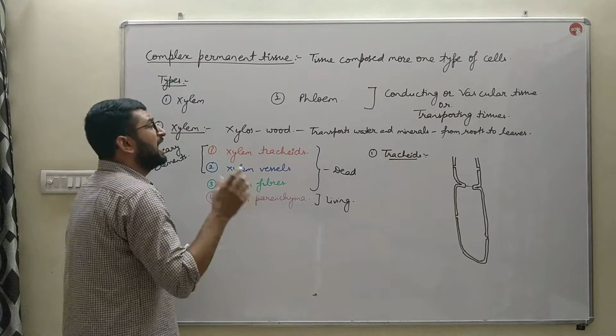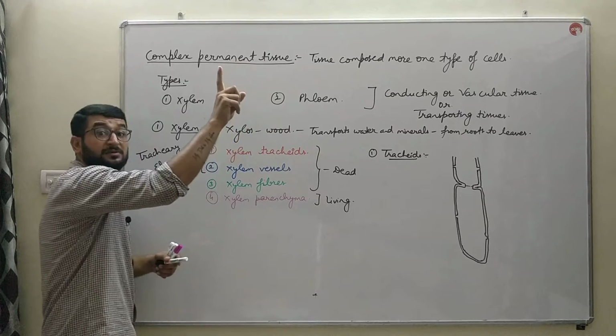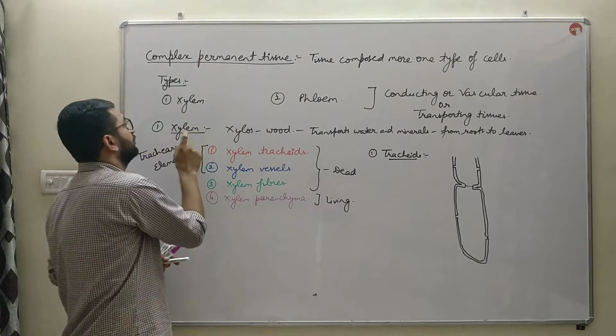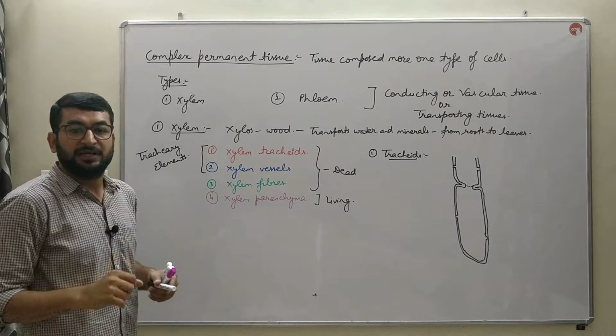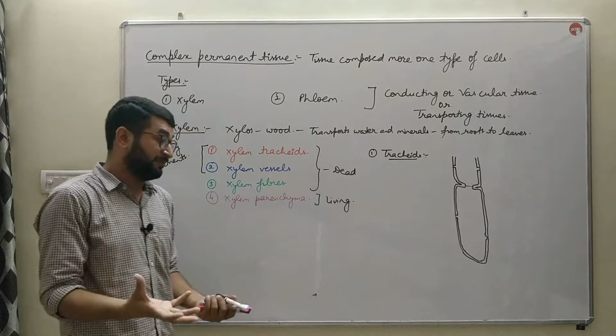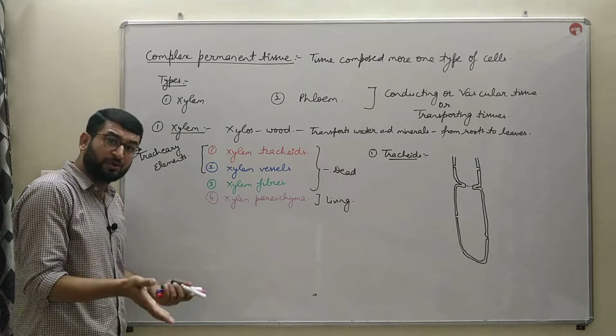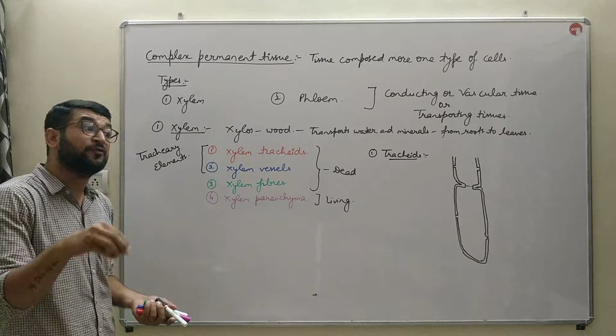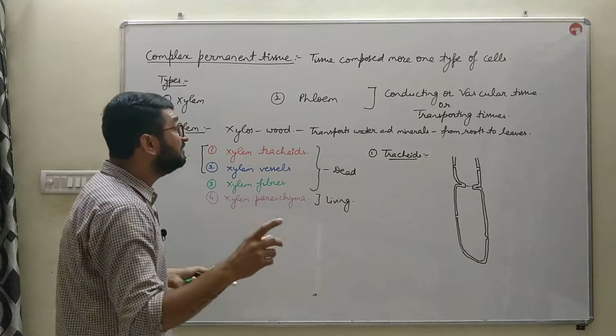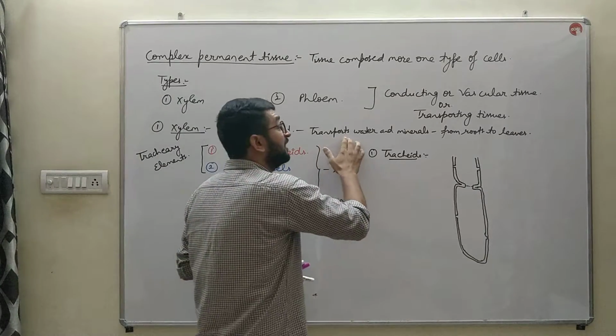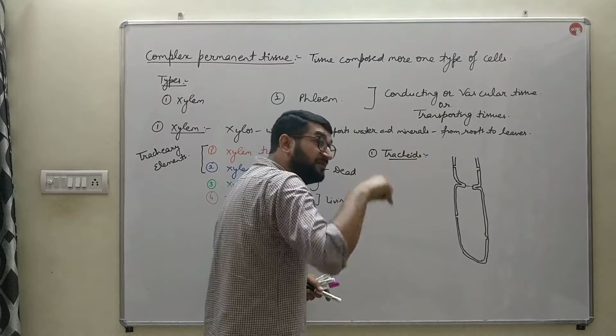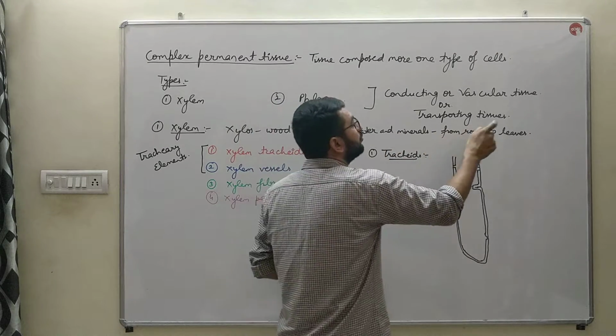But children, how does that water reach the top of the tree? That is through xylem tissue. And the place from where the plants get water is the soil, by the help of roots. So xylem transports the water along with the dissolved minerals from roots to leaves.